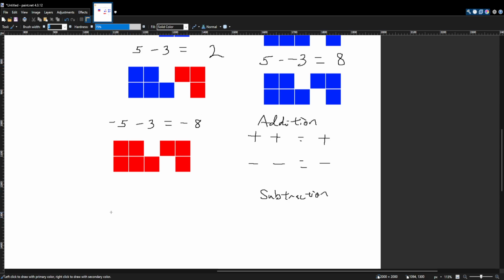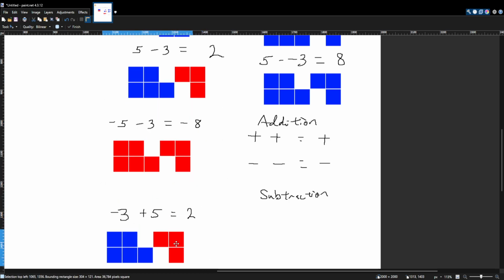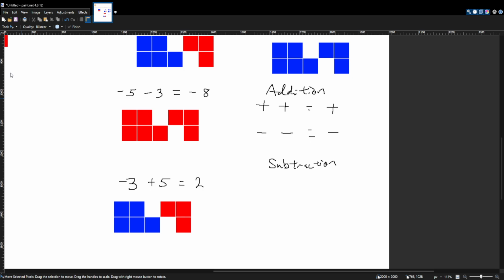And this is the same as if I did -3 and +5 equals 2, because this would just simply be the other way around. Using the same tiles, the same group is going to cancel out. We just simply flip the order here of my number, or my tiles.